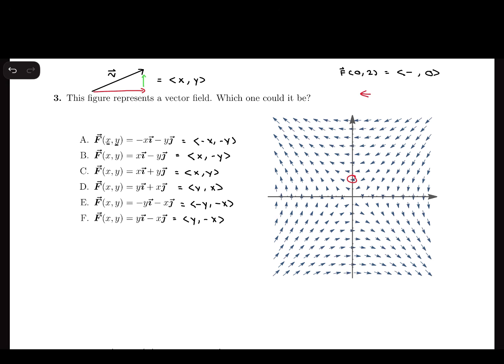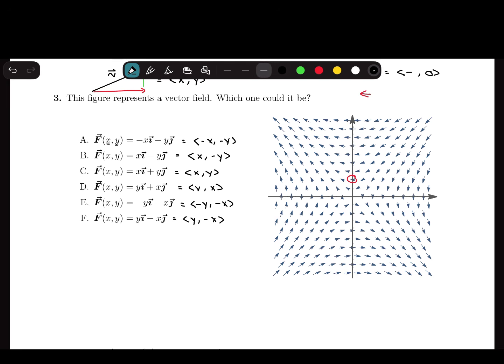Well, that can't be the case because our vector is a negative x and a 0 y. If we plug in f of 0, 2, you get the vector 0, negative 2. That simply doesn't make any sense. So it cannot be answer choice A.